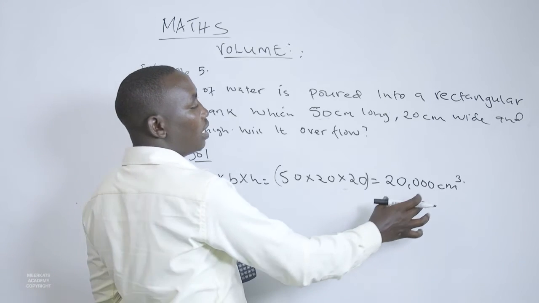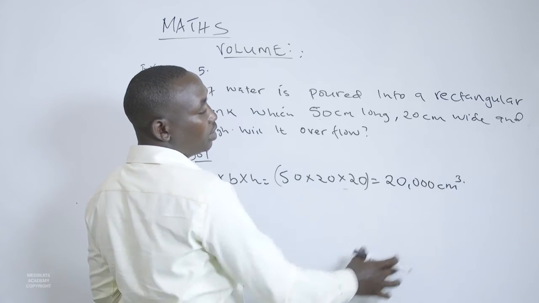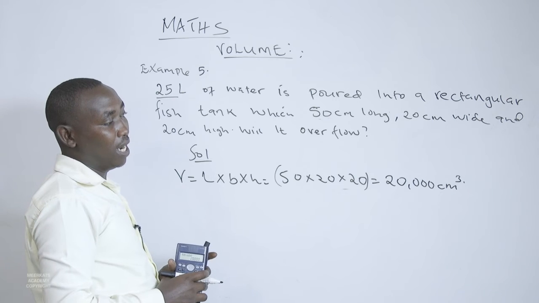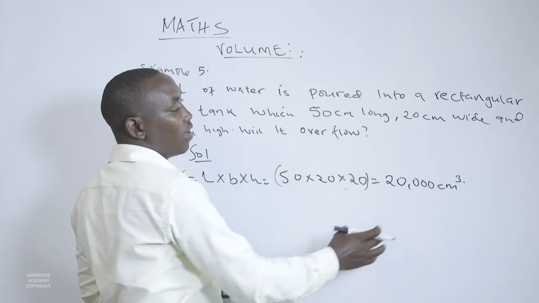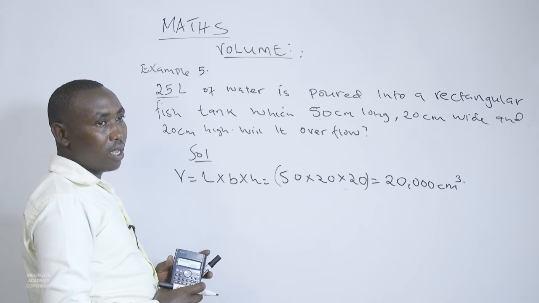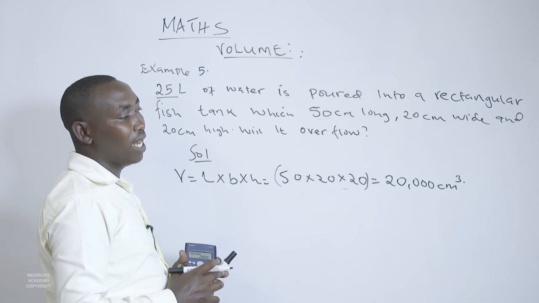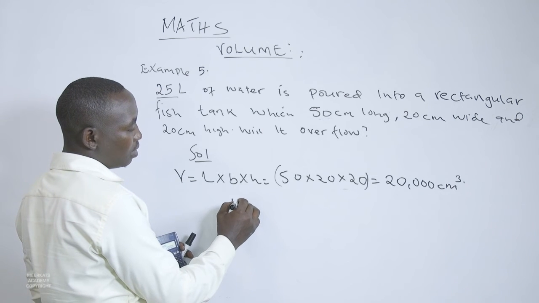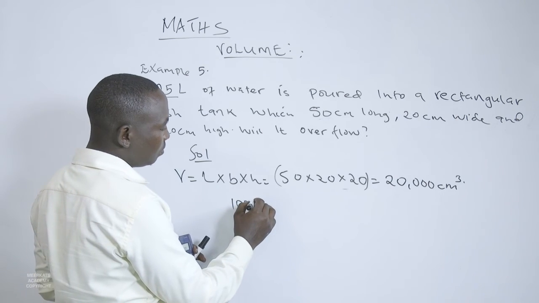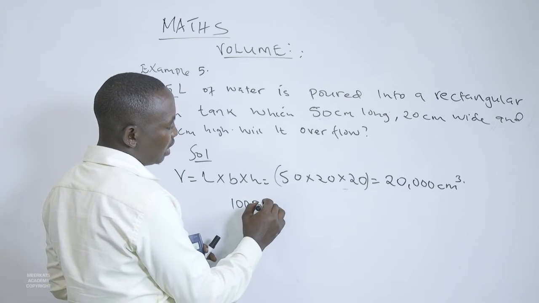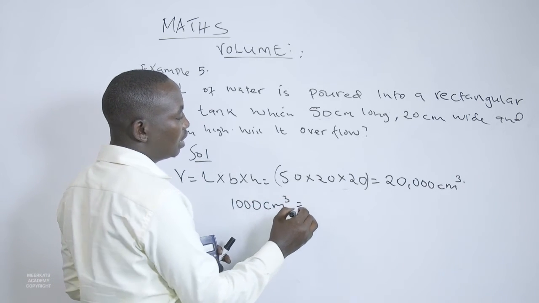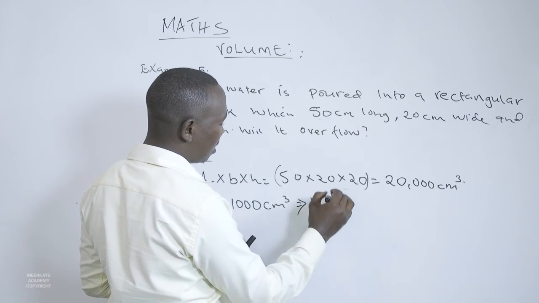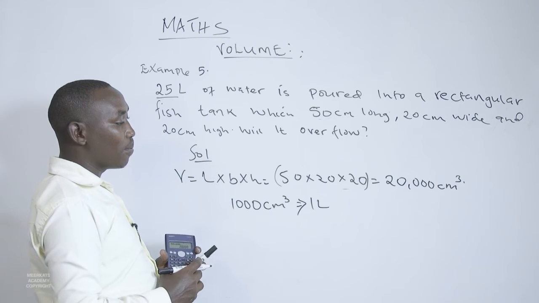Now we have been told that 25 liters of water has been poured inside that particular tank. We need to know, can this volume accommodate this amount of water? Then that means we need to convert this from cubic centimeters to liters. And we had said that 1,000 cubic centimeters is equivalent to 1 liter of water.